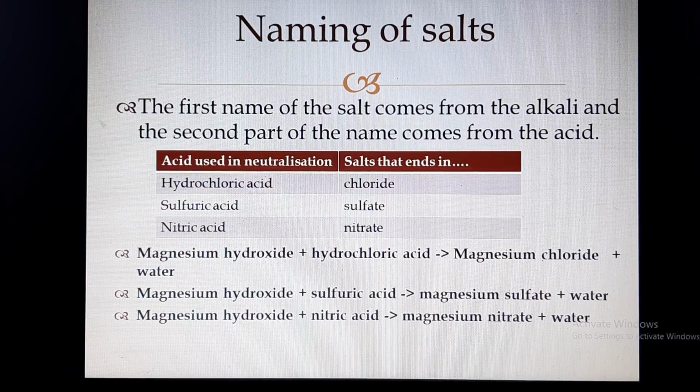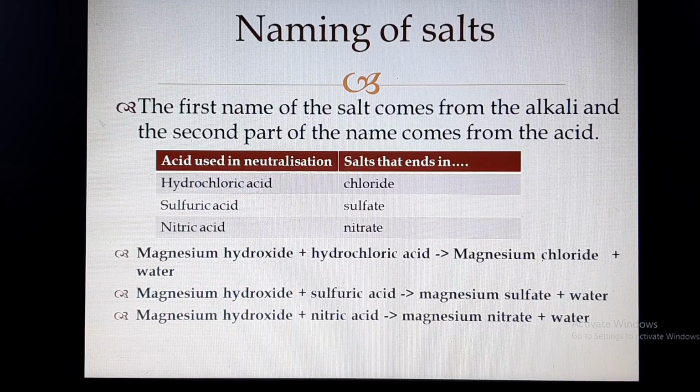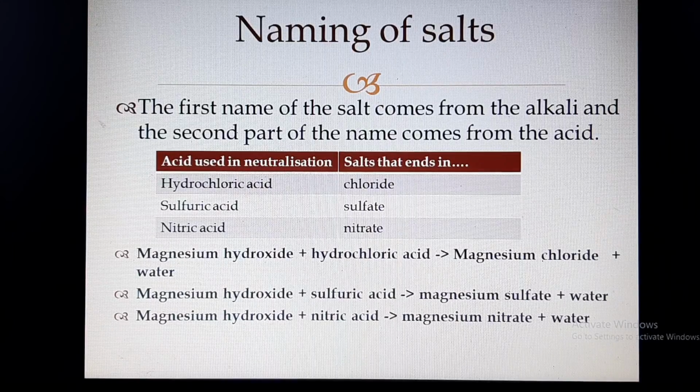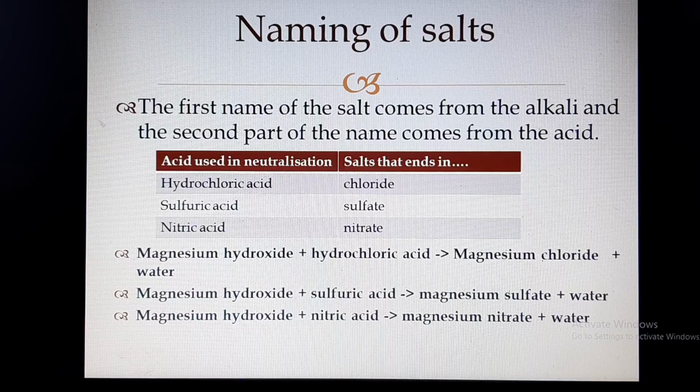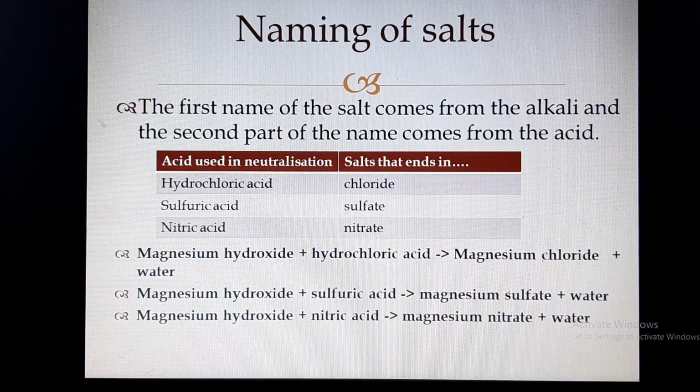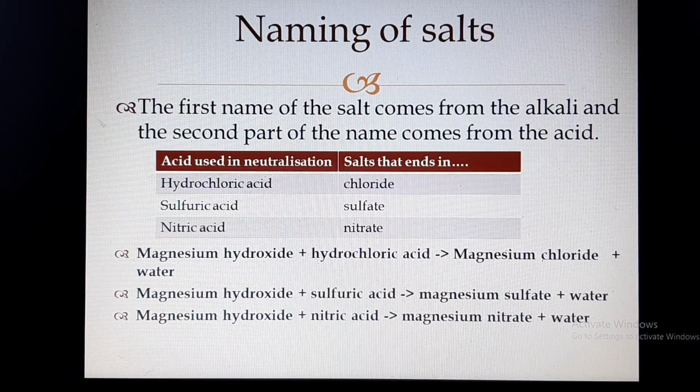that is naming of salts. How to give a name to a salt? We know the salt has two parts in its name. For example, sodium chloride is a salt. It has two parts, sodium and chloride.